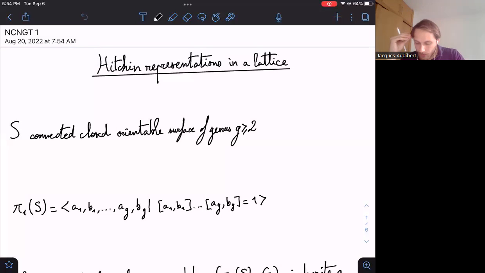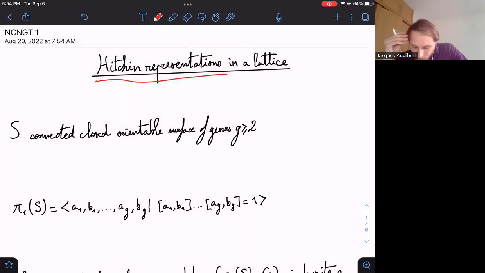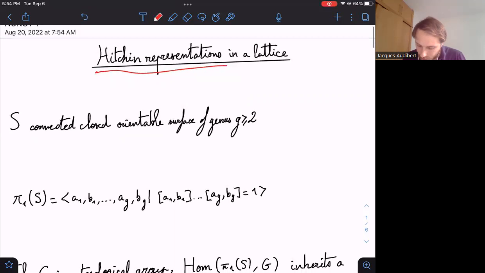Okay, so first I'll define what are Hitchin representations. So we consider a connected closed orientable surface of genus g at least two. So these are just like surfaces that look like this. All right.